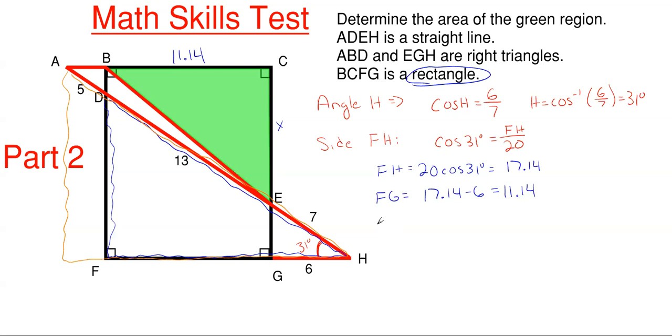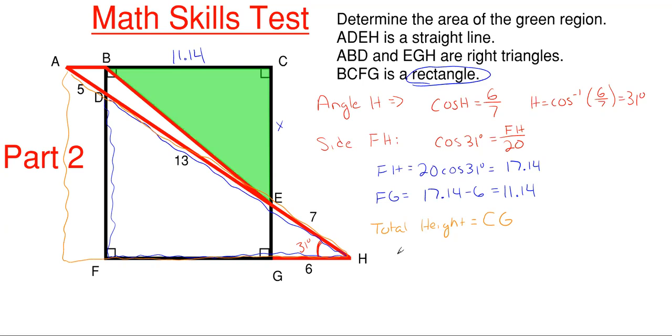So the total height will be equal to my CG, which is supposed to be a C, by the way, if you didn't know. So C to G. I'm going to use sine because this side is opposite the angle.